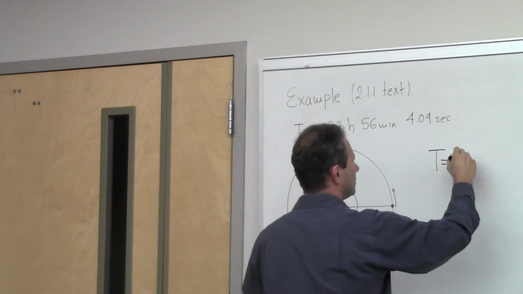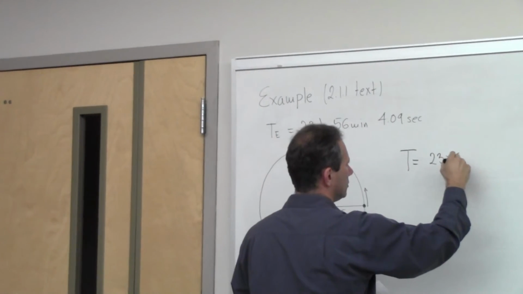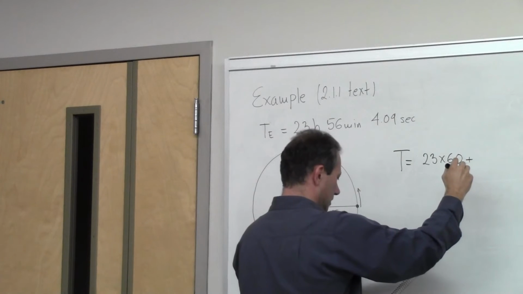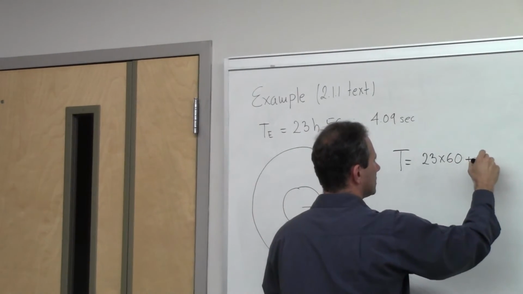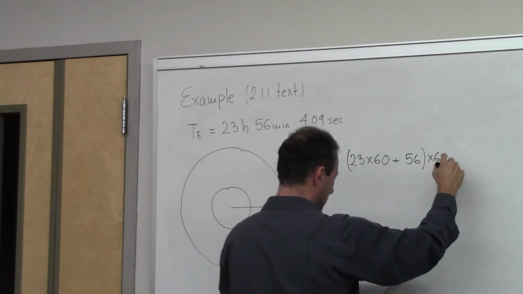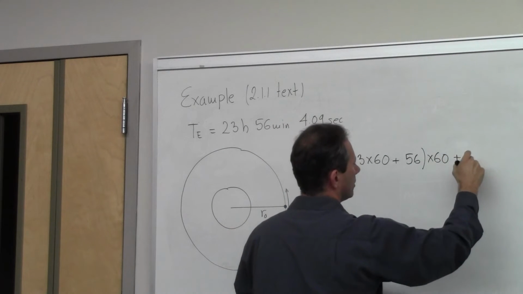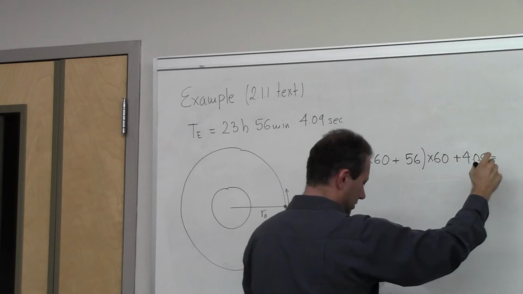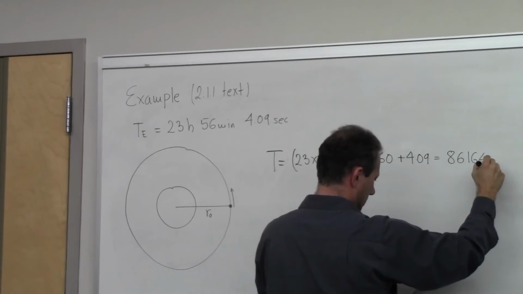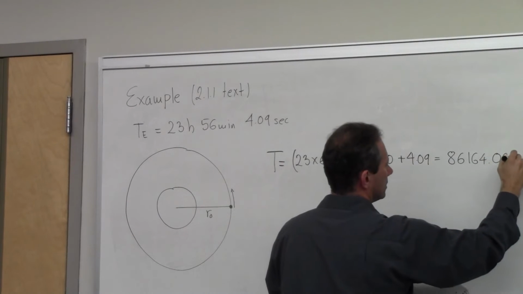So this is 23 times 60 to get it in minutes, plus 56 minutes, times 60 to get it in seconds, plus 4.09. So this is 86,164.09 seconds.